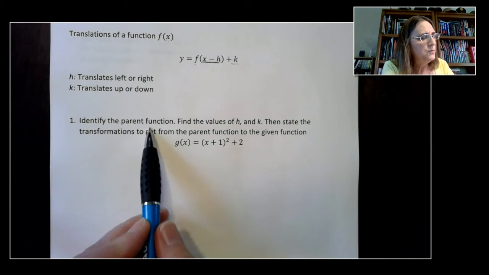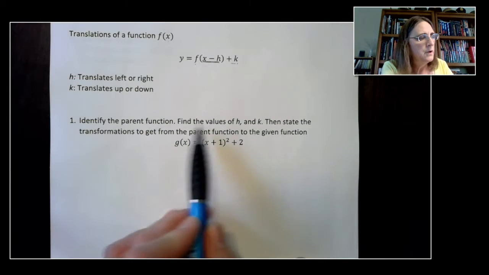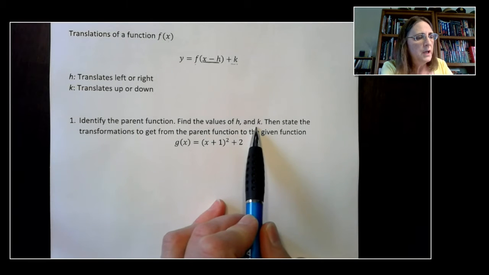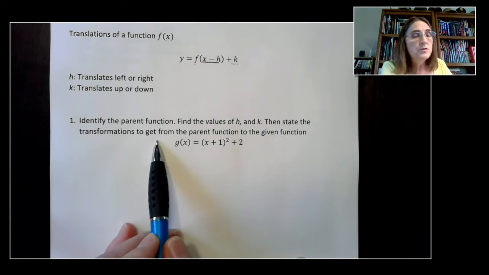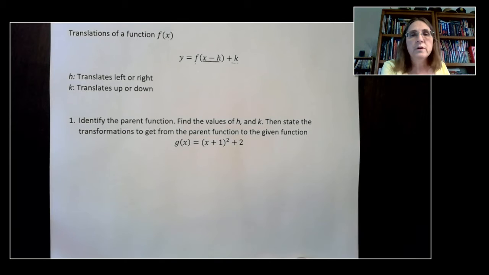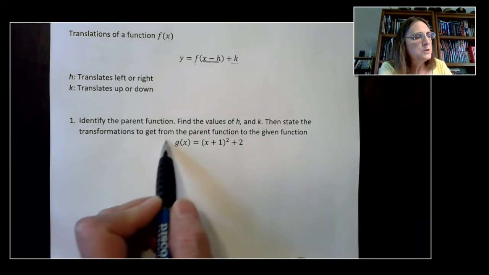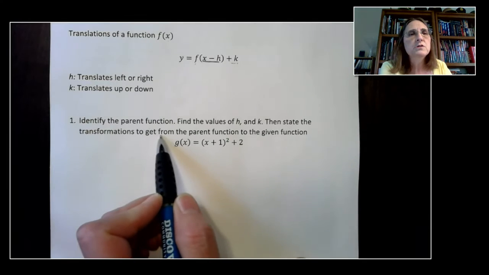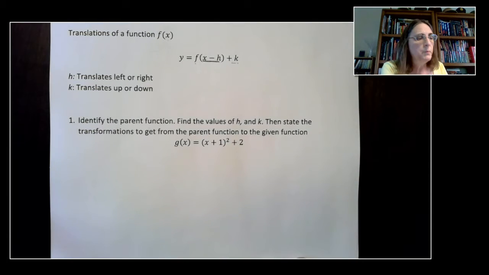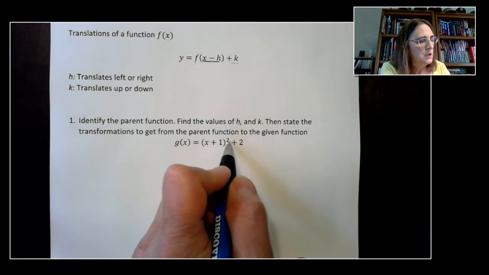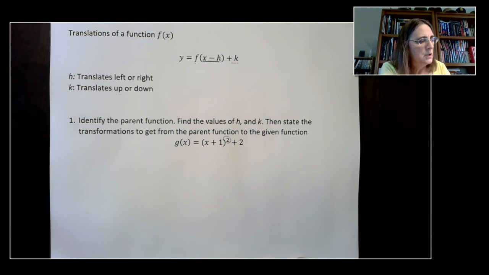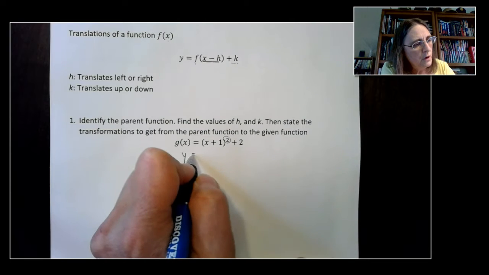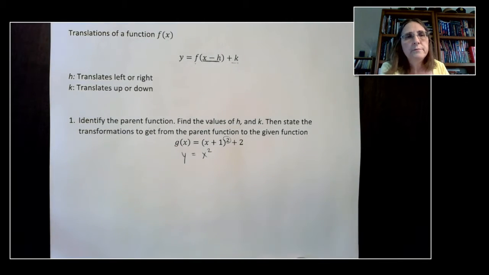Here it says identify the parent function, find the values of h and k, and state the transformations to get from the parent function to the given function. So in this case, this is our transformed equation, and we want to go back to the parent function. Since this is a square situation, our parent function is a quadratic function, or y equals x squared.